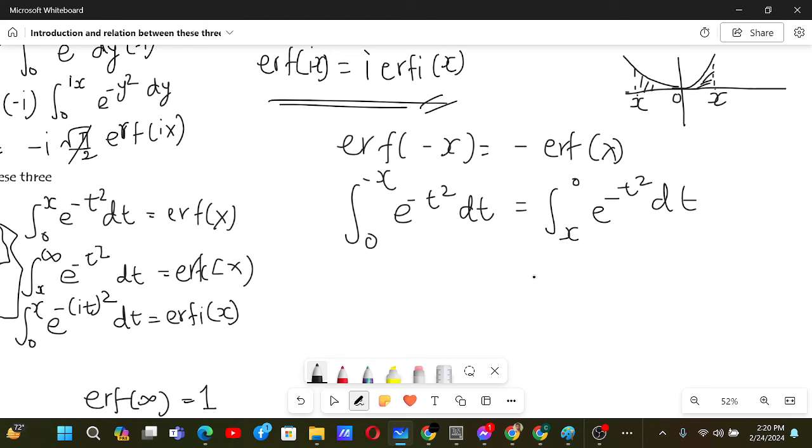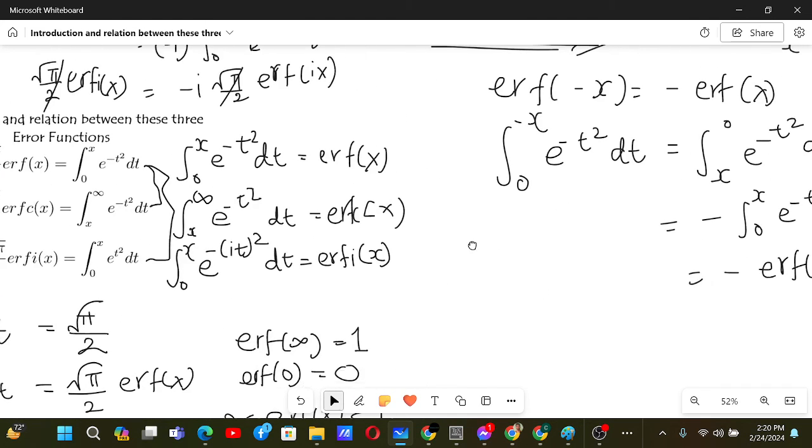Now using the reflection property, this is equal to minus the integral from 0 to x of e to the power minus t squared dt. Now this is just equal to minus erf of x, by the definition. So we can see that the erf function is actually an odd function.